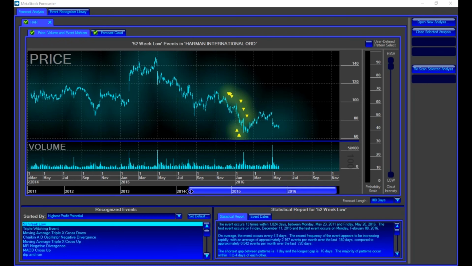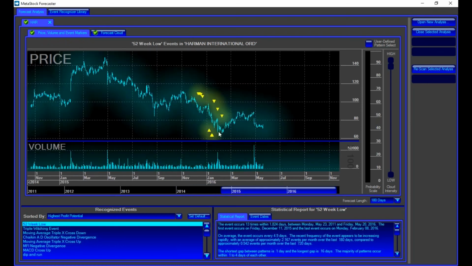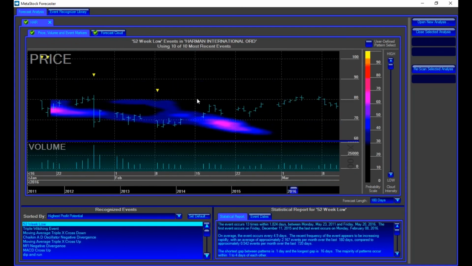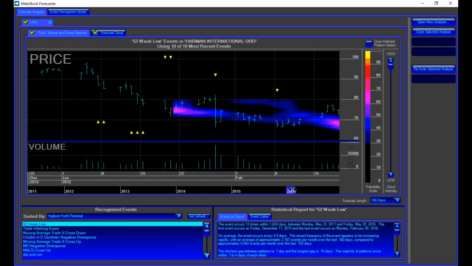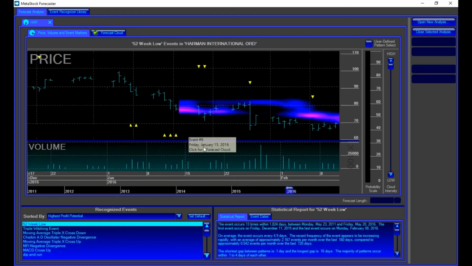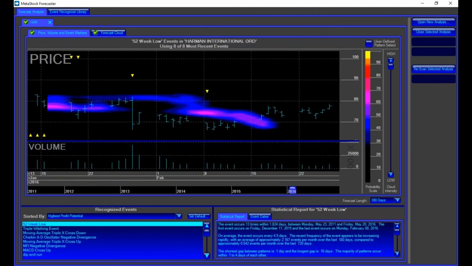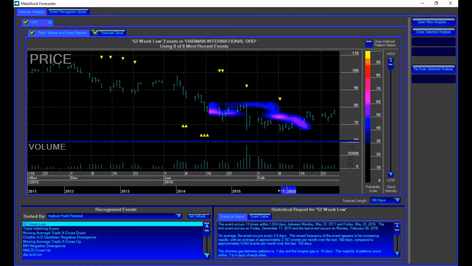It records the forecast cloud for that day, so that you can take a look at, let's say, event number 5, which occurred on January 7th. It's going to show you the forecast cloud from that day. We can scroll through the rest of January, and what we're looking at is that the forecast cloud actually changes from time to time based off of how the instrument has moved previous to that.